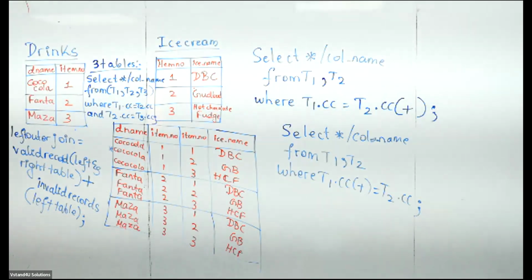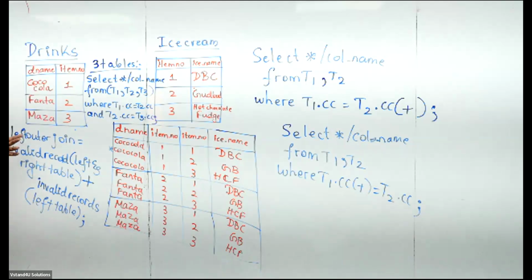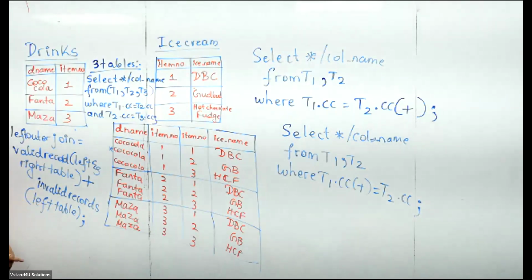The last one is full outer join. You have left outer join, right outer join, and full outer join. What do you mean by full outer join? For full outer join, valid records of left and right table plus invalid records of both left table and right table.